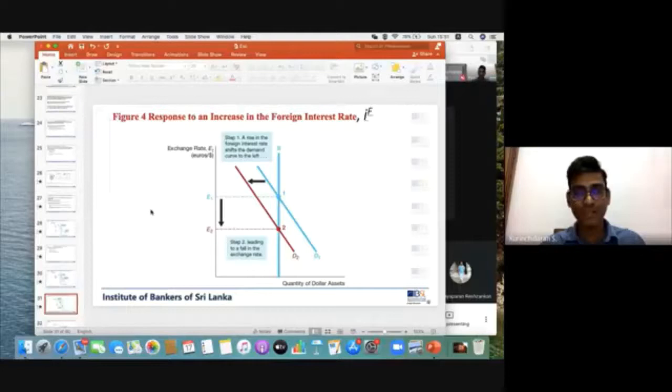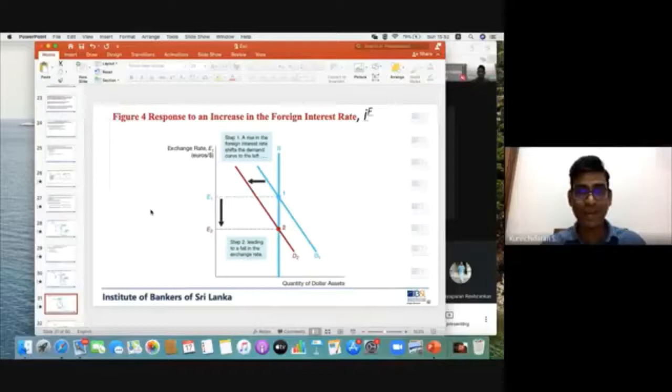Clear? So everybody is moving to euro, leaving the US. Then demand for USD will decrease. That means now the demand curve will shift from D1 to D2, the red curve.